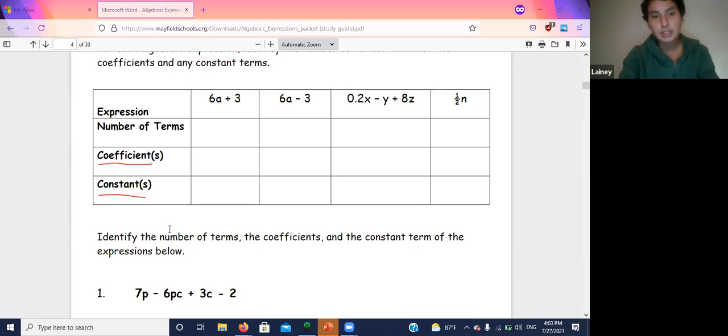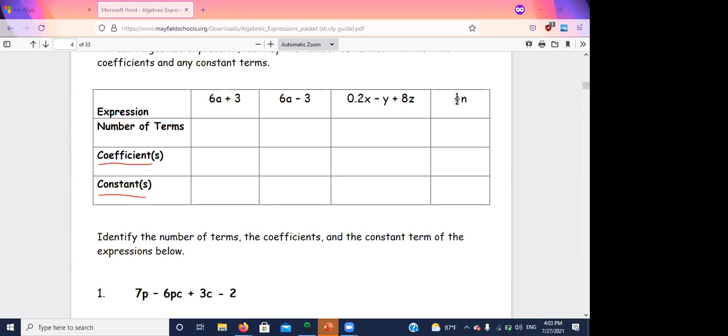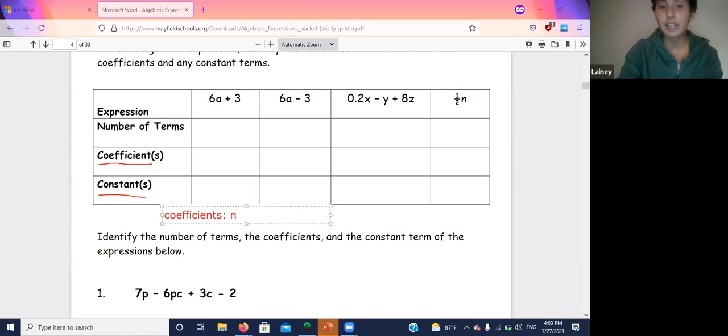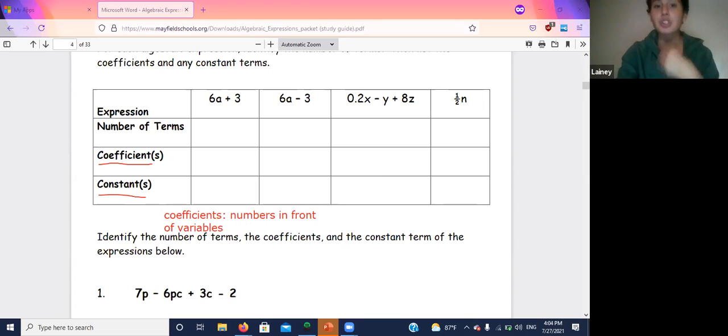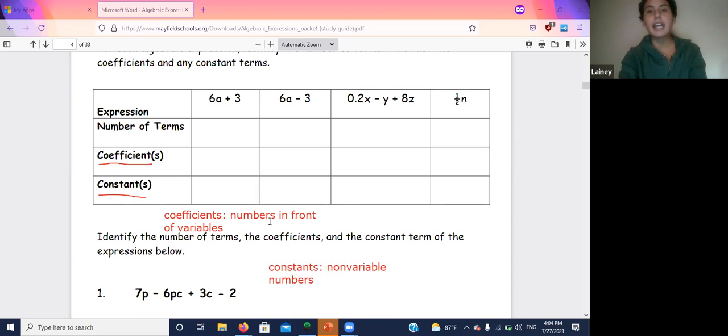So coefficients are the numbers in front of the variables. It's what we multiply the variables by. Constants, however, are just numbers all alone with no variables. Constants are non-variable numbers.